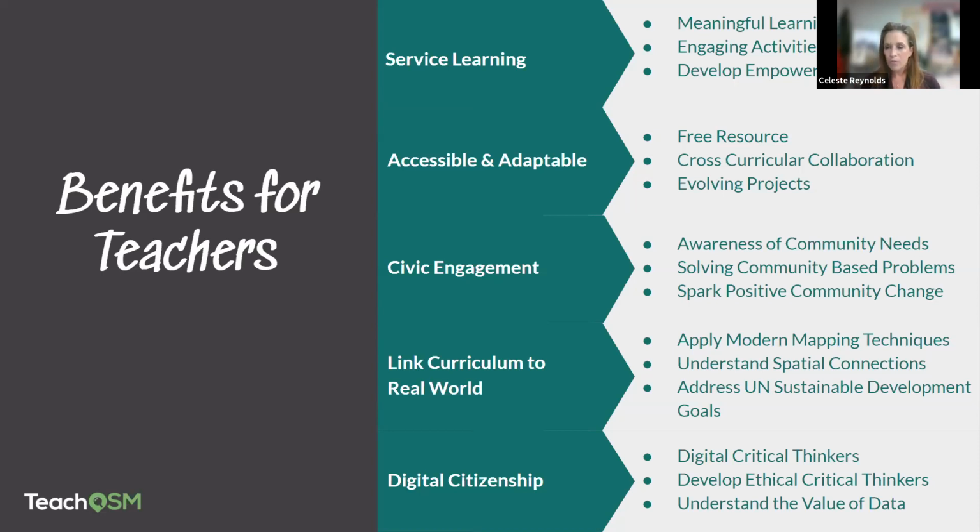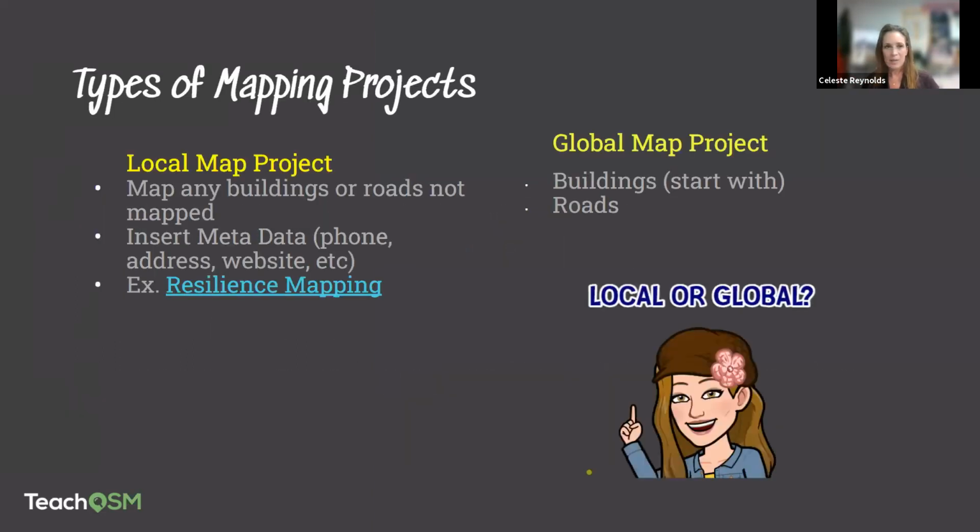It reinforces how important the digital footprint you leave is while you're doing OpenStreetMap, because there are a lot of people checking your edits and checking what kind of work you're doing. So that's another thing to reinforce with your students when we're talking about 21st century skills, right? So I'm going to show you some examples.